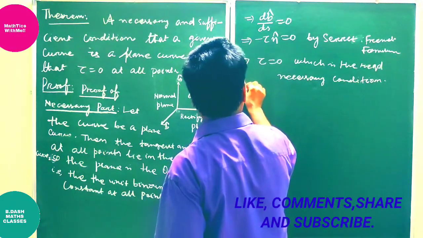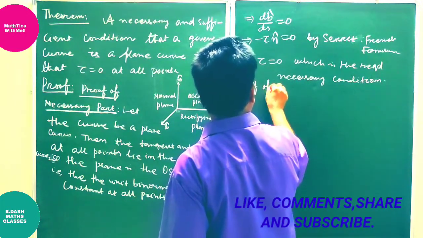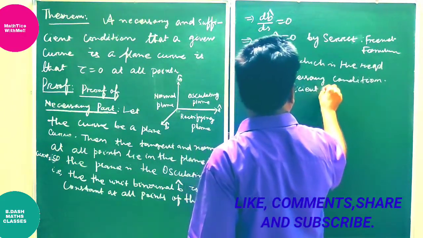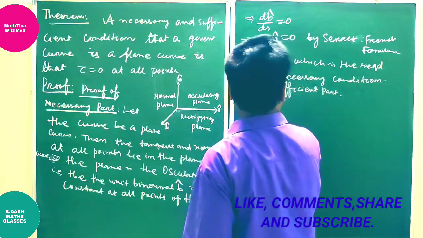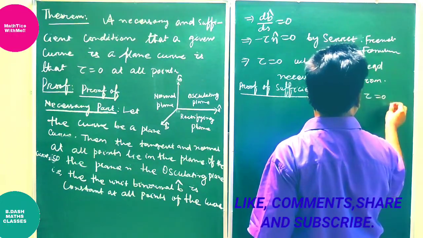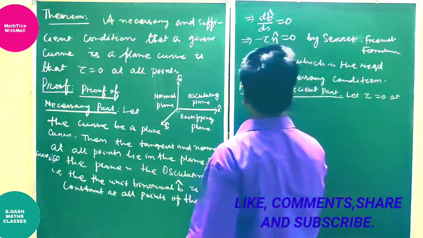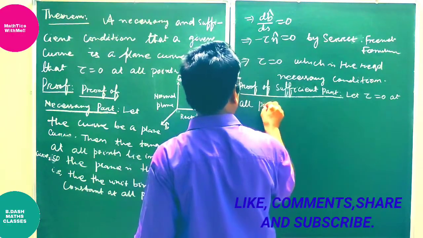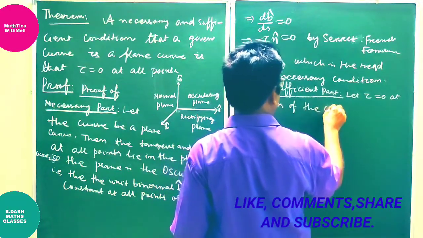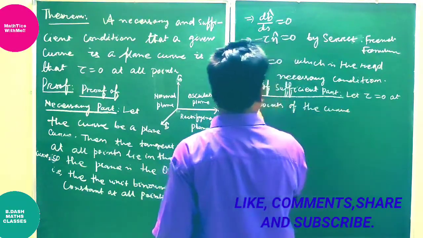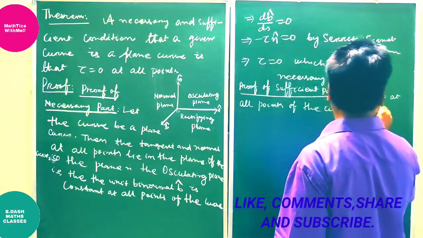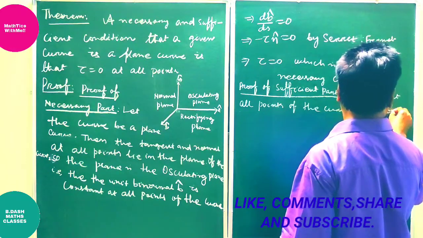Now, proof of the sufficient part. Let tau be equal to 0 at all points of the curve. This implies minus tau n cap is equal to 0.